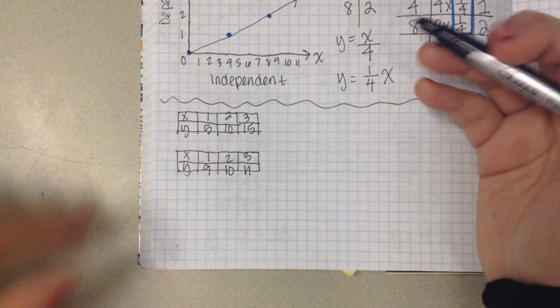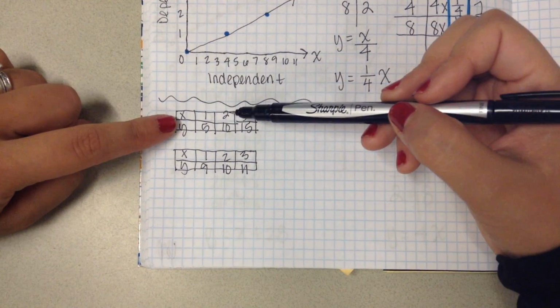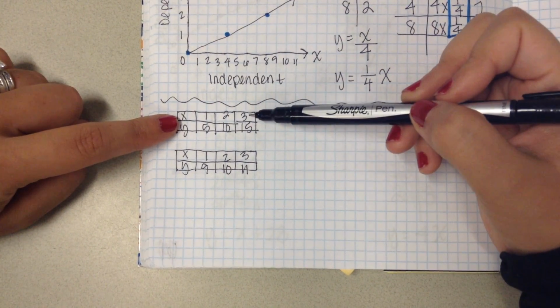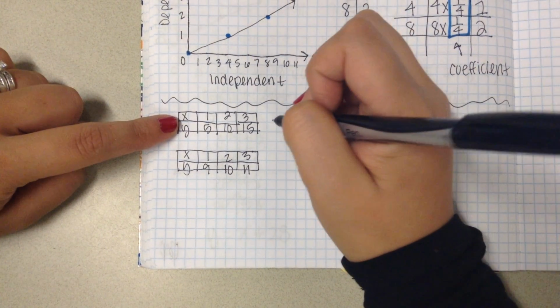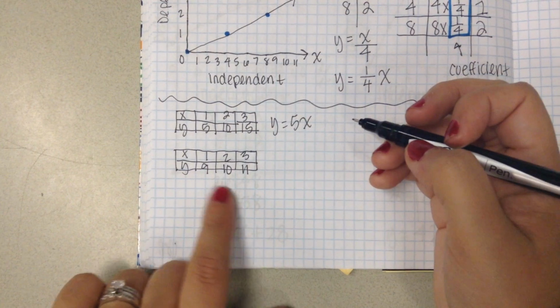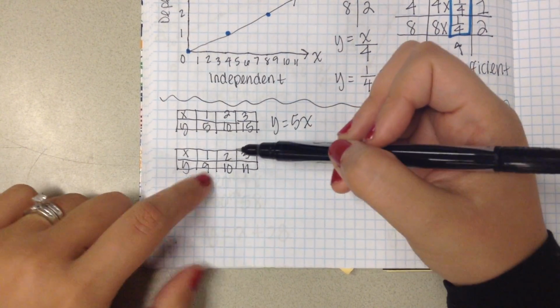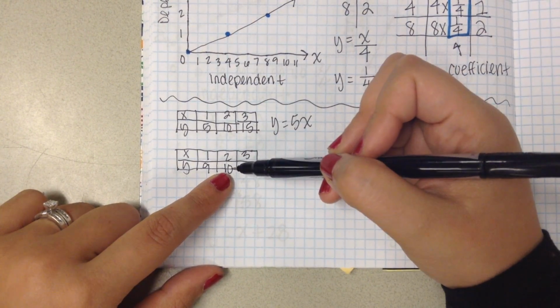If I look at my first table, how do I get from 1 to 5? Times 5. How do I get from 2 to 10? Times 5. How do I get from 3 to 15? Times 5. So y is equal to 5x. That's the first one. For the next one, how do I get from 1 to 9? Plus 8. How do I get from 2 to 10? Plus 8.